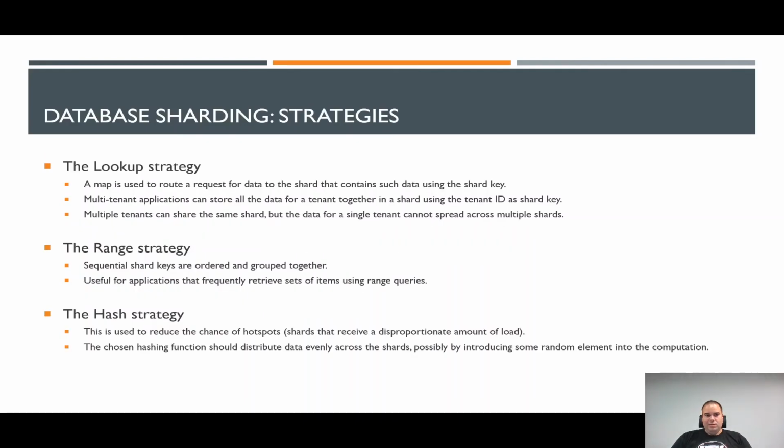Since with database sharding there is no single entry point to access the data of all partitions, the applications need to apply a database sharding strategy that will lead them to the data required. The lookup strategy creates a sharding map. Let's take the example of a multi-tenant application.